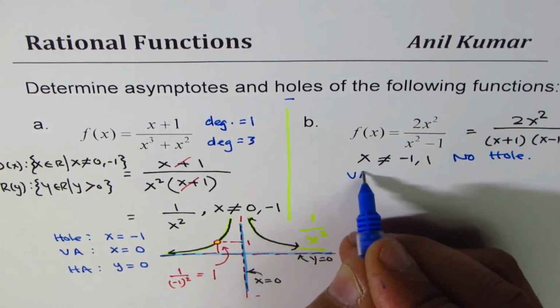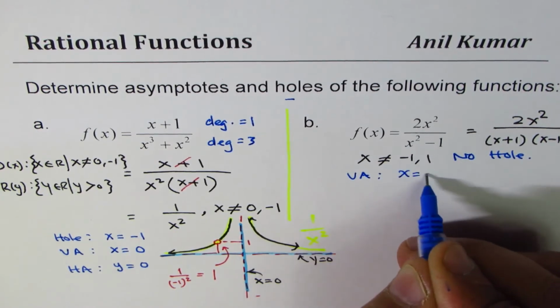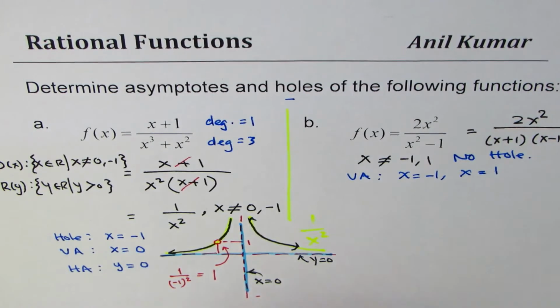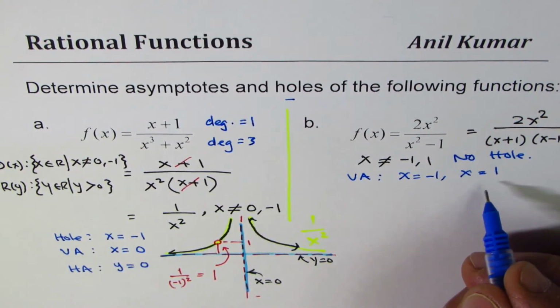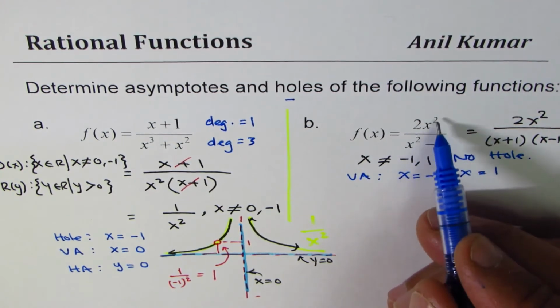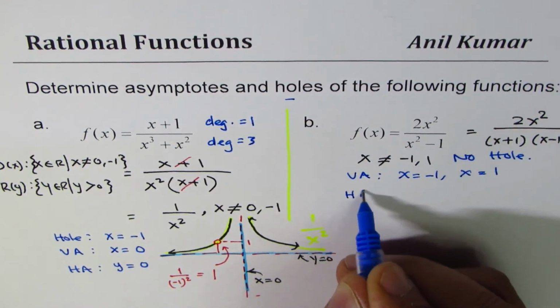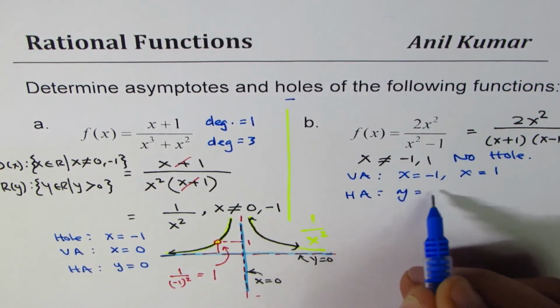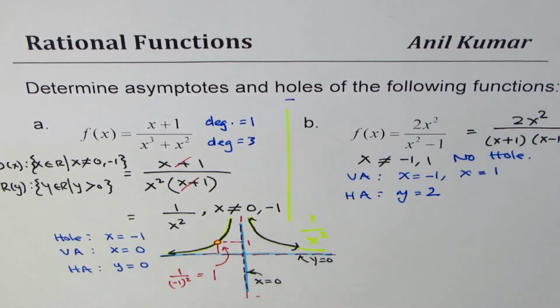However, we have vertical asymptotes at x equals minus 1 and x equals plus 1. How about the horizontal asymptote? You can see that the degree of numerator and denominator is the same, 2 and 2. So we have a horizontal asymptote which is the ratio of leading coefficients, y equals 2 over 1.